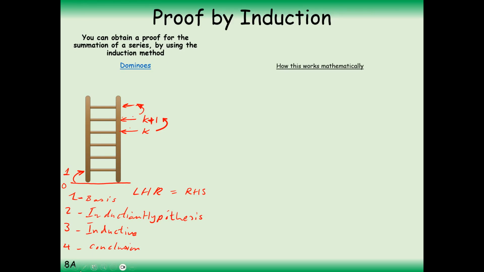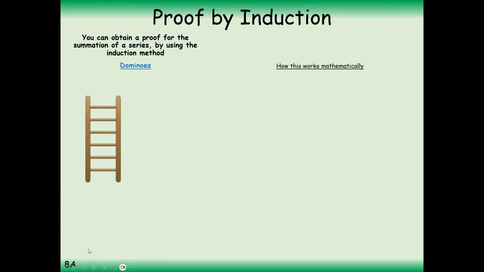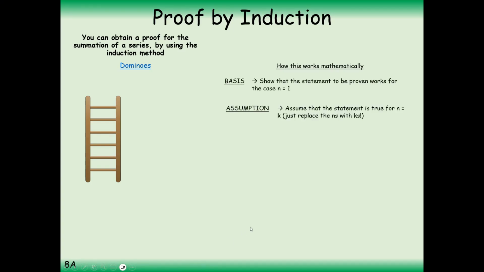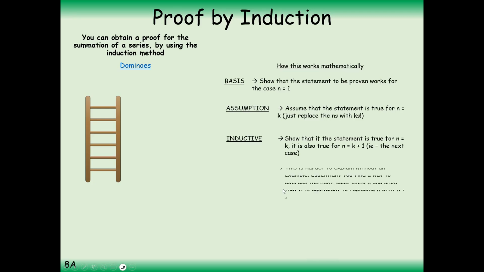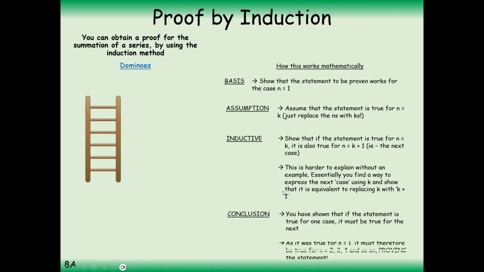So let's have a look at one of the examples. As I was saying, these are the steps. The basis step is to use number 1 in the left and right hand side, and so on and so forth.